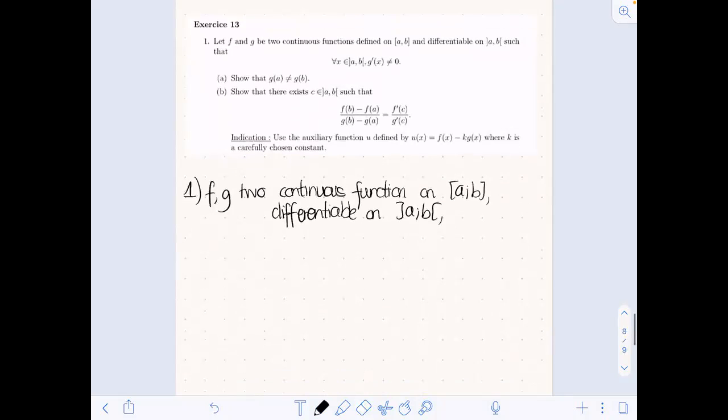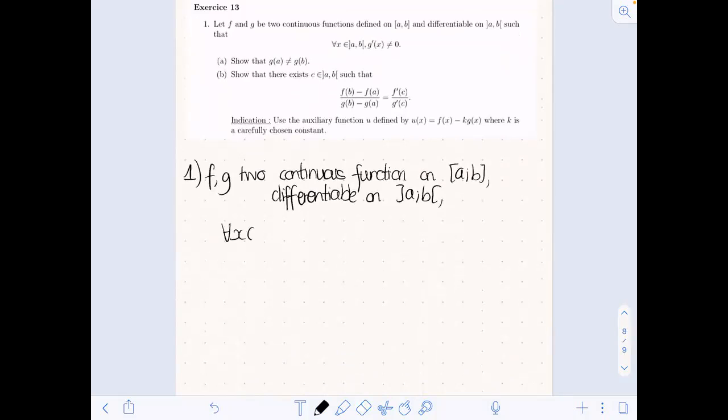On the open interval, anywhere on the open interval, we want g prime of x different from 0.